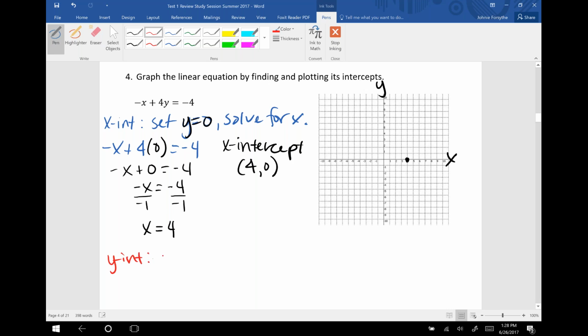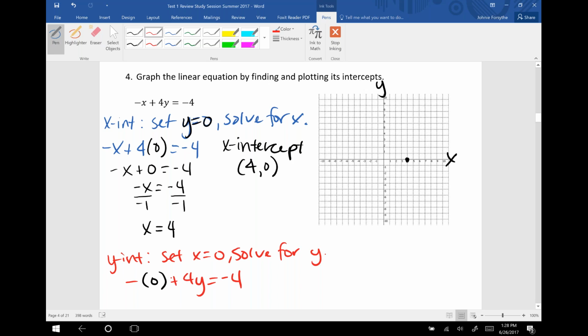Let's look at the y-intercept. To get the y-intercept, you're going to set x equal to 0 and solve for y. So I'm going to have negative x, but I'm plugging in 0 for x, so that's going to be negative times 0 plus 4y is equal to negative 4.